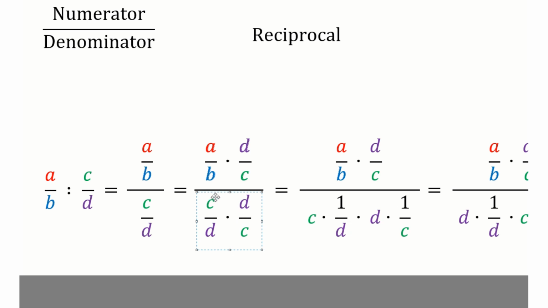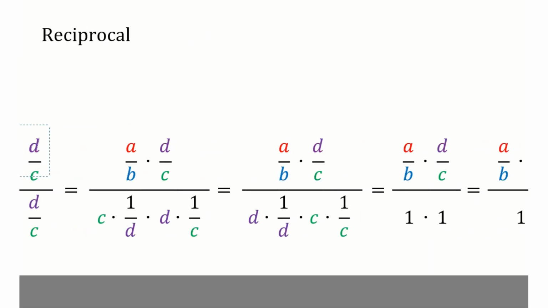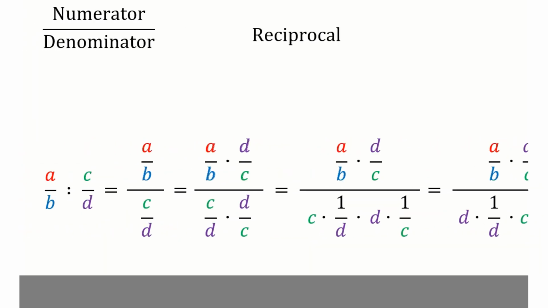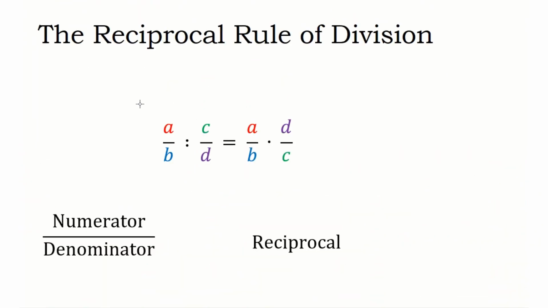So this turns into 1 eventually, and it doesn't cause any change to this numerator here. So we are just left with this, like so, and hence it is obvious how this law applies.